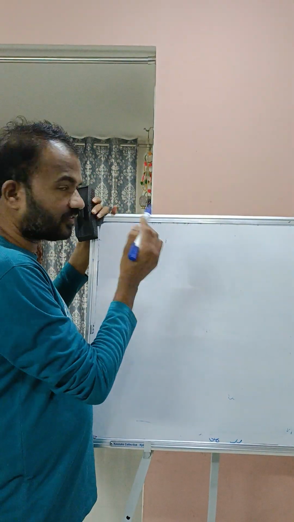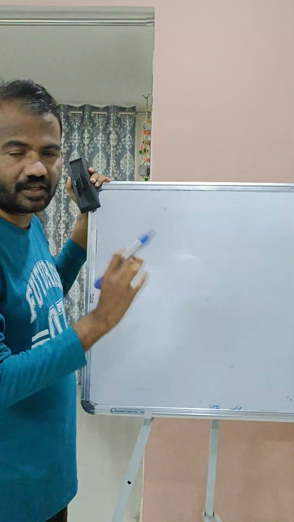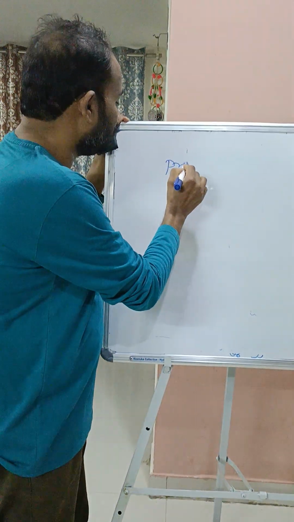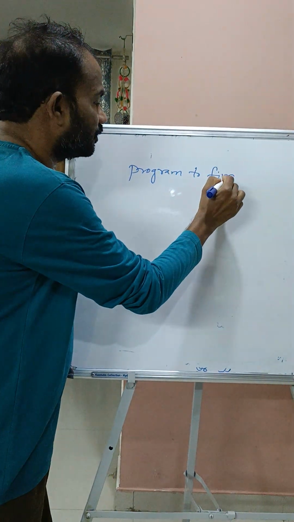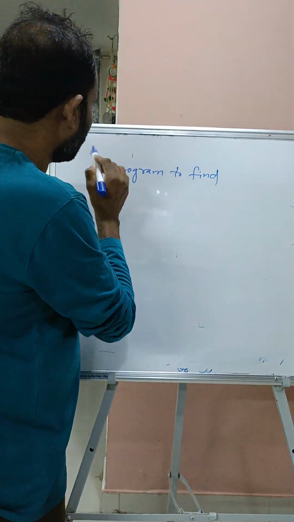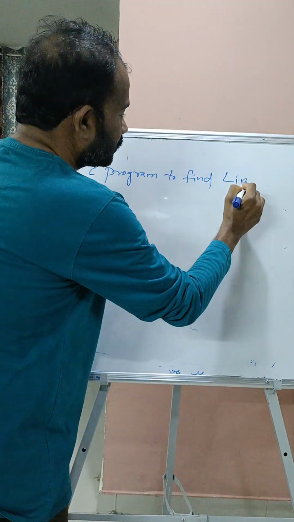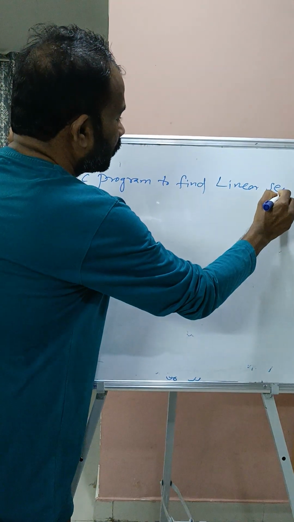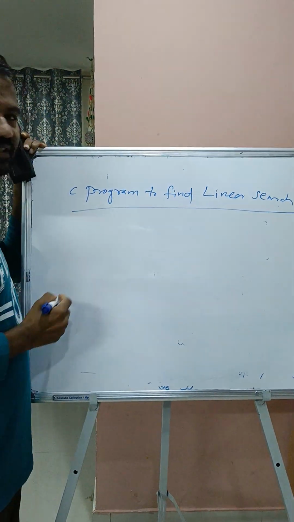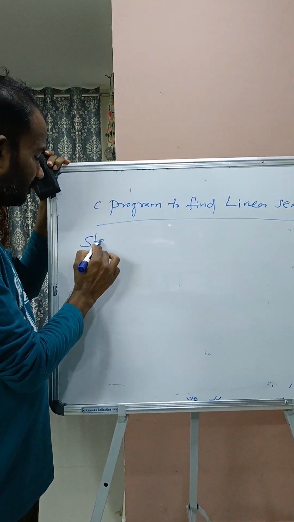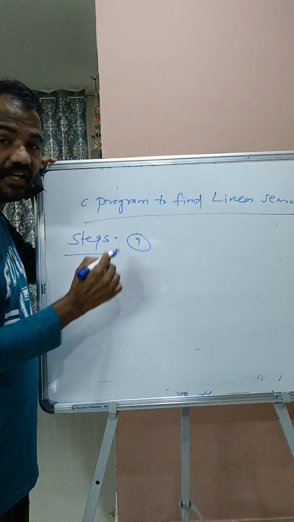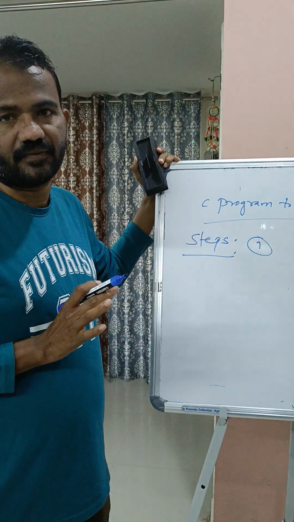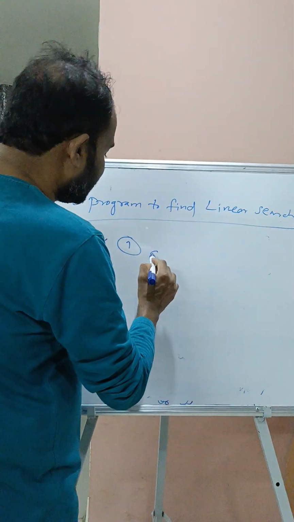C program to find linear search. So what are the steps here? Steps. First step, we need to decide the size of the array.